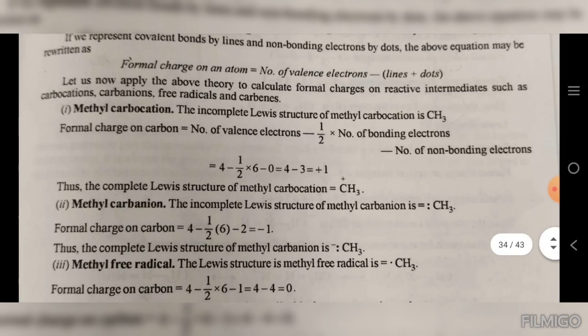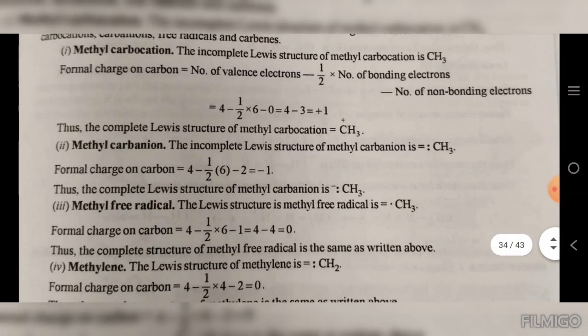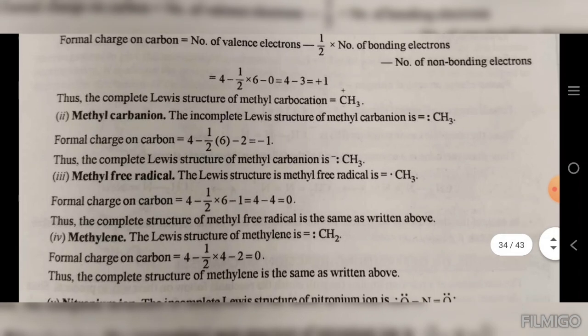Let us now apply the above theory to calculate formal charges on reactive intermediates such as carbocations, carbanions, free radicals, and carbenes. Methyl carbocation. The incomplete Lewis structure of methyl carbocation is CH3. Formal charge on carbon is equal to number of valence electrons minus half into number of bonding electrons minus number of non-bonding electrons, which is equal to plus 1.